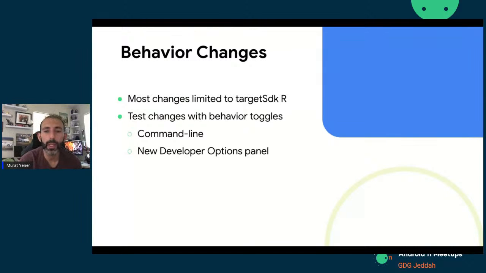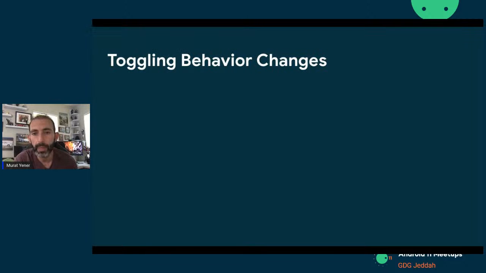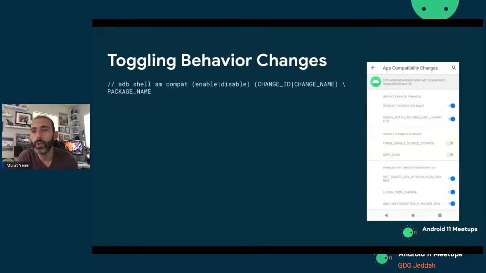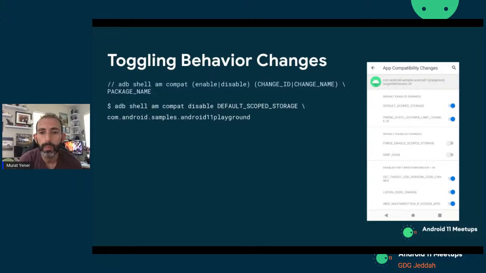You can use the command line or the new developer options panel, the system UI you're seeing right now, and you can toggle between different behaviors to test how your app reacts to that change or whether you need to make any changes at all.